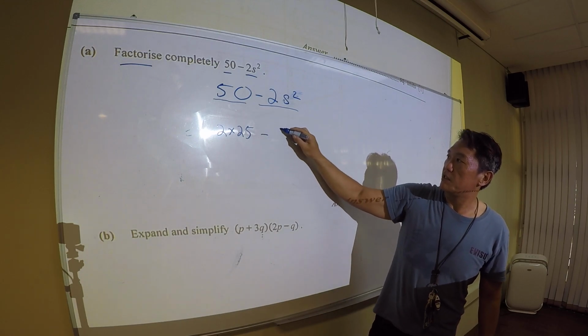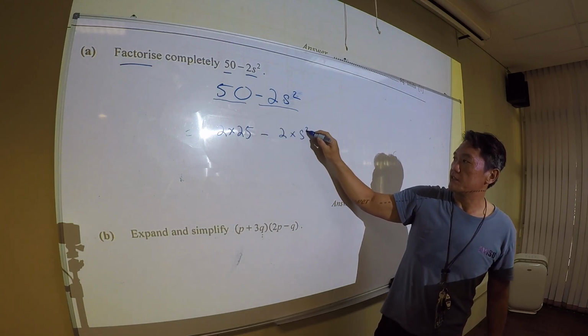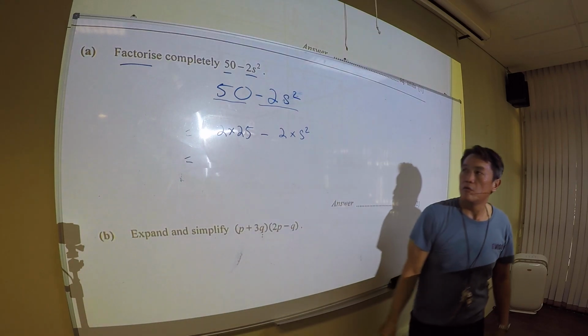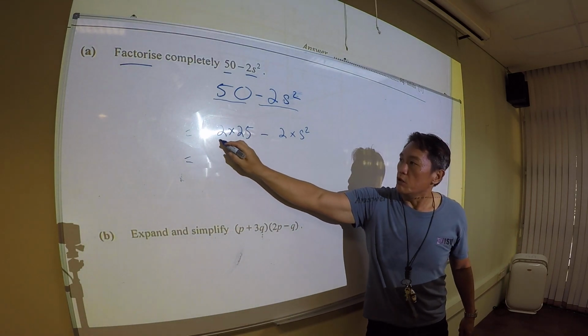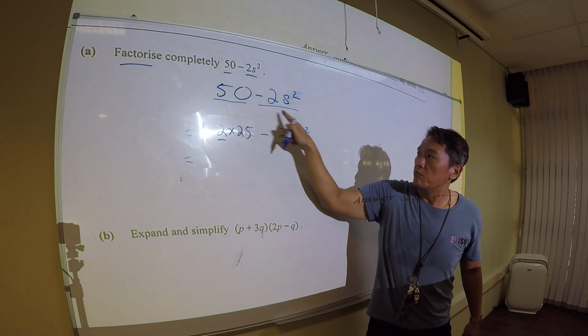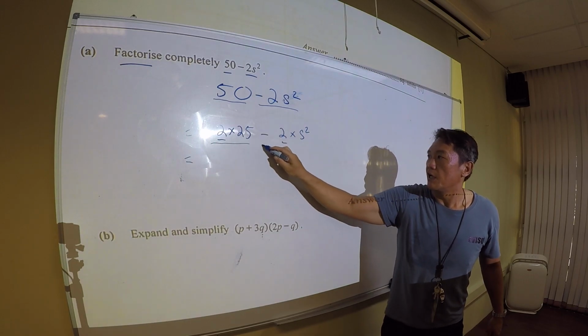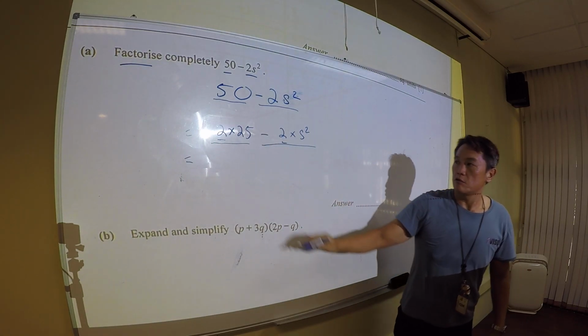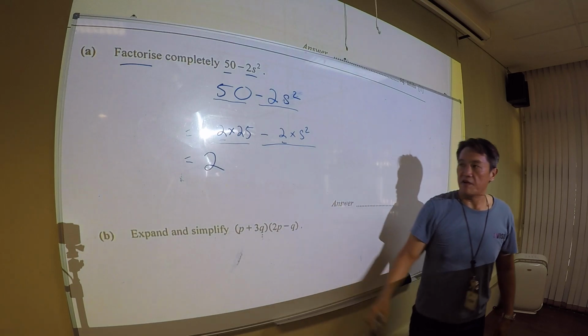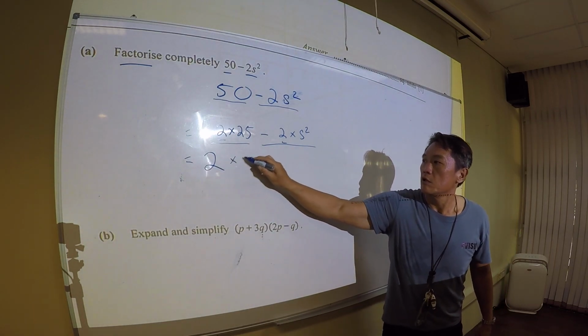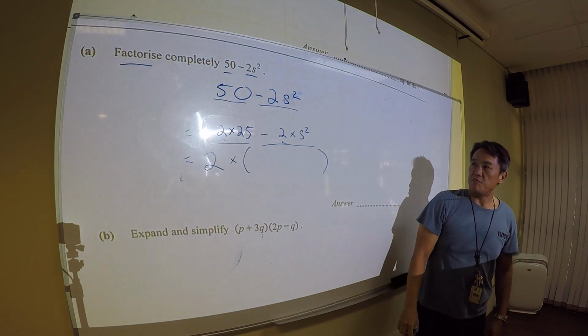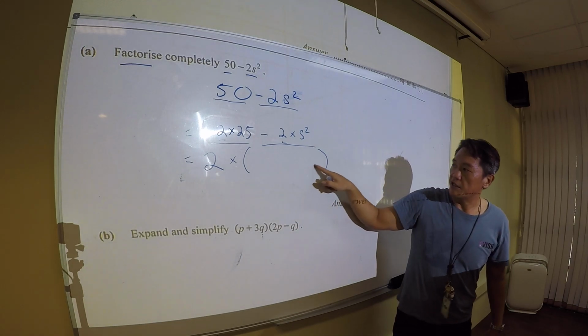Then the behind number is 2 times s squared. 2 is a common factor in both the front and the back. So I can take out the common factor 2, and then I put what is left inside the bracket.